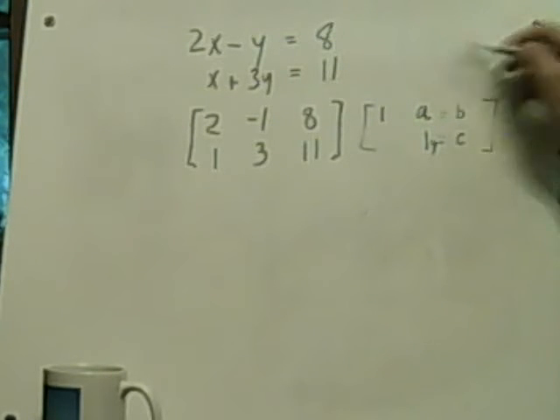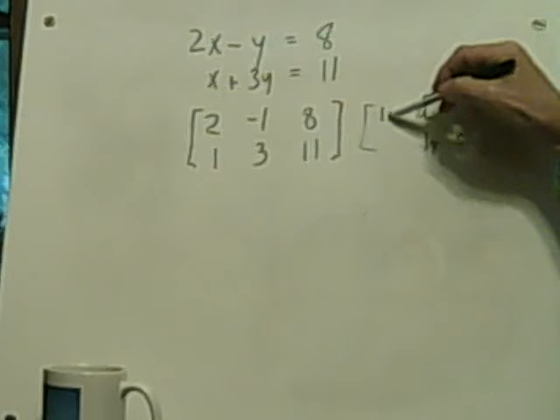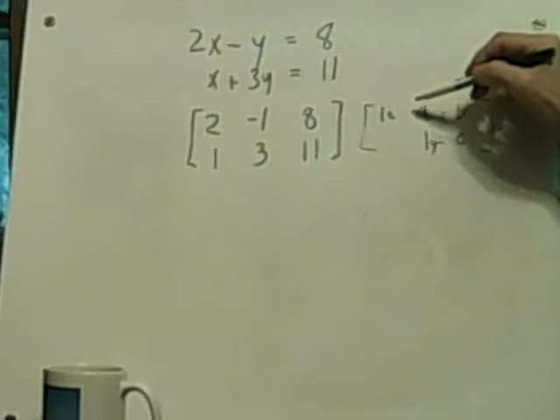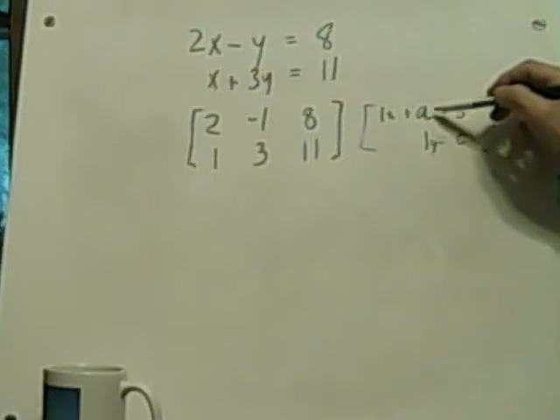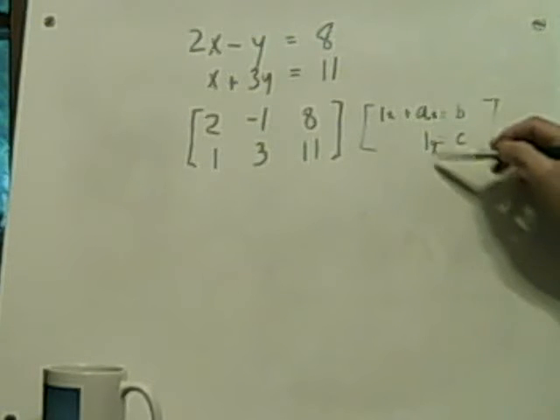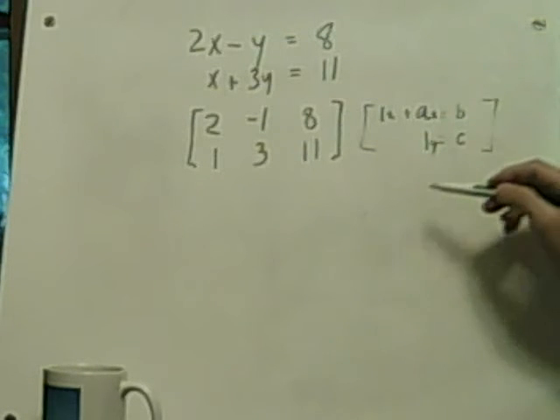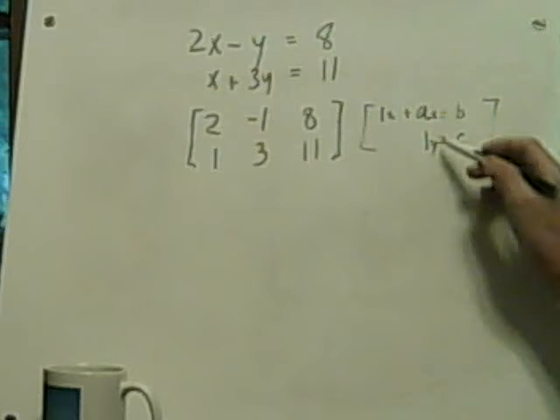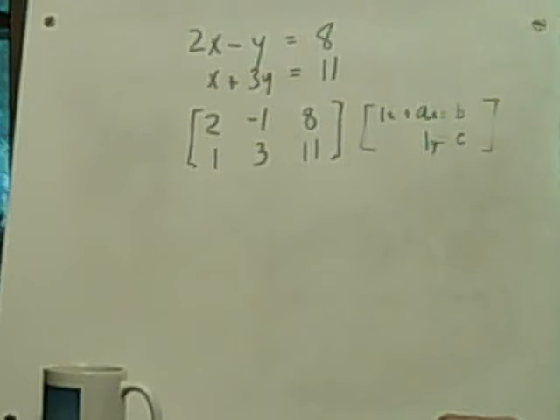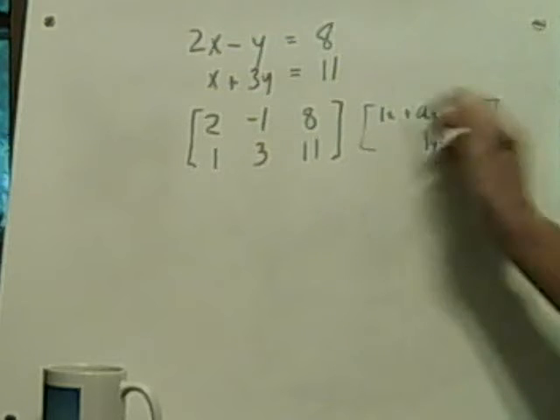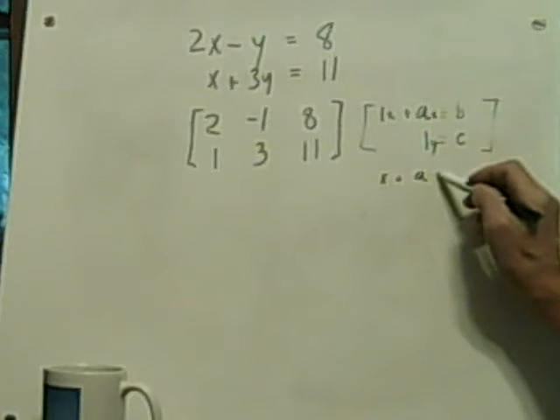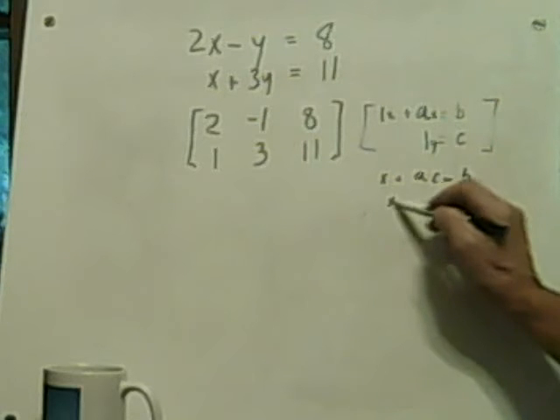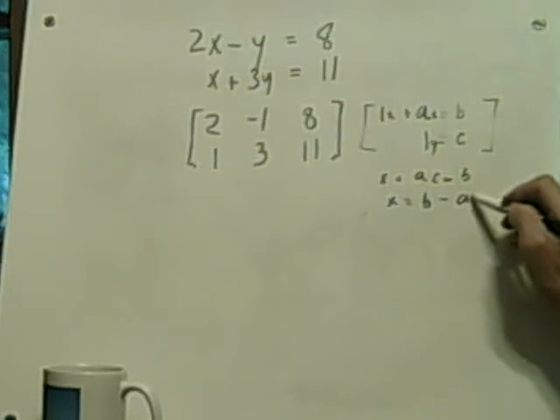Then we could plug that back into this one and use that one to solve for x, because x is going to be b. If, for example, we got the equation into this form, we could go back and plug into the first equation to get x plus a times c equals b, or x is equal to b minus a times c.